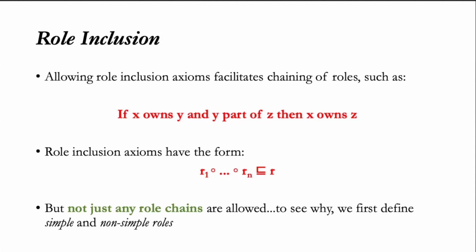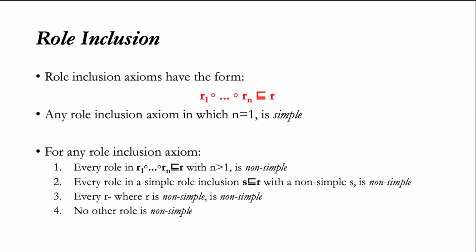I'm not even gonna try to read it, but not just any role chains are allowed. There are too many. You see why we first distinguish simple and non-simple role chains. Remember, they have to have this form. Any role inclusion axiom where n is 1, we'll call simple.